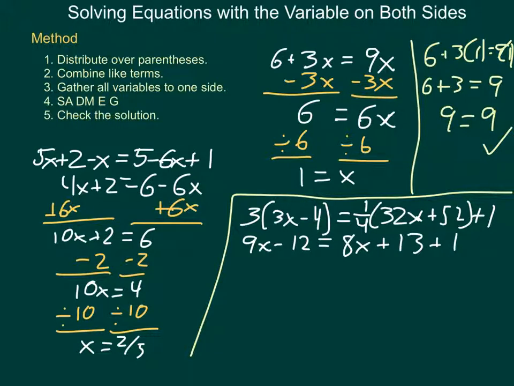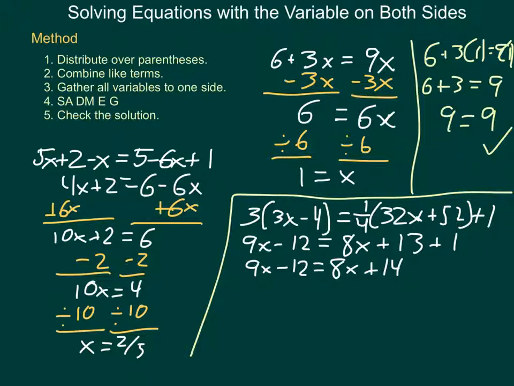Then add my 1. Step 2, combine like terms. On the left-hand side, I don't have any to do: 9x minus 12. On the right-hand side, however, I can add this 13 and 1 together, giving me 8x plus 14.